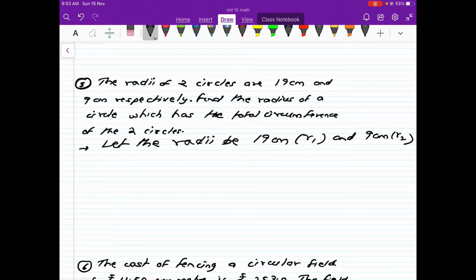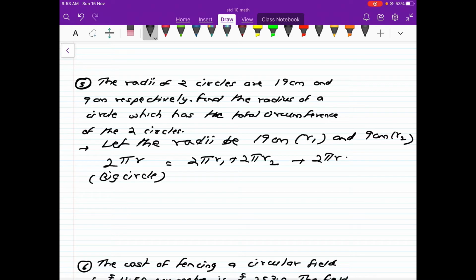So if we add, this is the big circle. Now this is equal to 2 pi r1 plus 2 pi r2, because it is the sum of the circumferences of the two circles. So this means 2 pi r is equal to 2 pi, I will take common, r1 plus r2. 2 pi gets cancelled.